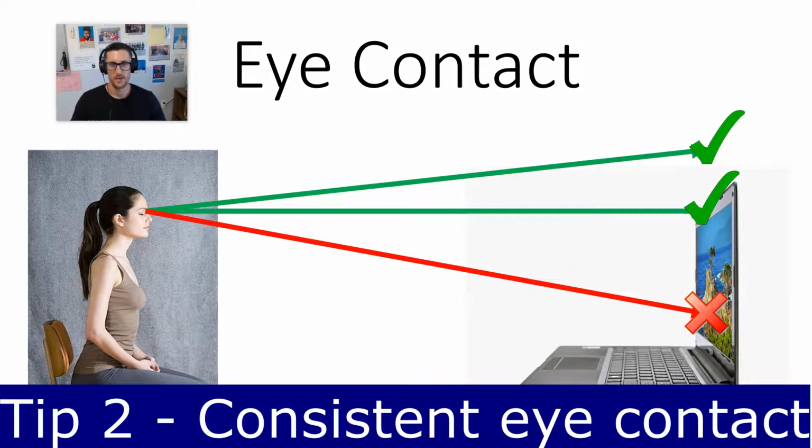However, as long as you can take moments in between your sentences to take a look at that little blinking camera lens right there, it's a little bit awkward, but when it comes out later, it will be a lot more engaging to your viewers. You'll feel like you're making a direct connection rather than just looking down at a screen. So, tip number 2 is to use consistent eye contact with the camera.